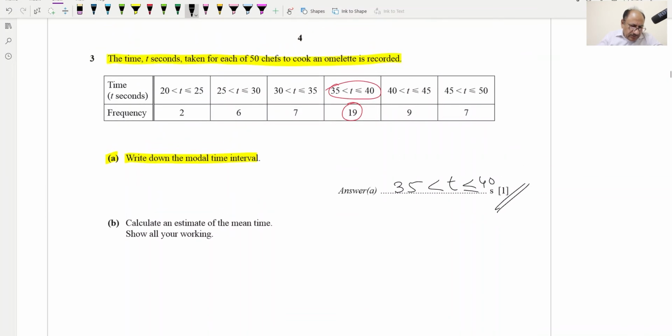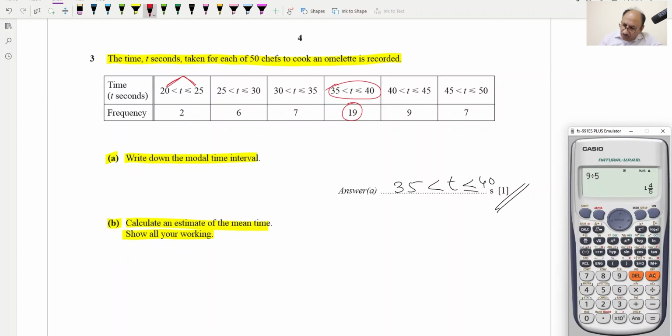And then for B part, they are saying calculate an estimate of the mean time, show all your working. For the mean time, we have to take the mid value of the class. So what will the mid value be? 20 plus 25, this is how we are finding the mid, divided by 2, and this will be the middle value 22.5.